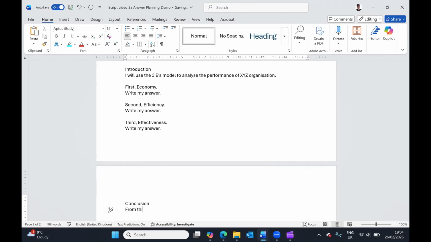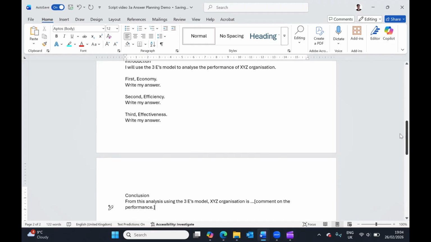And then you say, from this analysis, using the 3E's model, XYZ organization is ... And then you'd make some sort of comment on the performance. Okay? And it's as simple, well, not as simple as that, but that kind of gives you an idea.